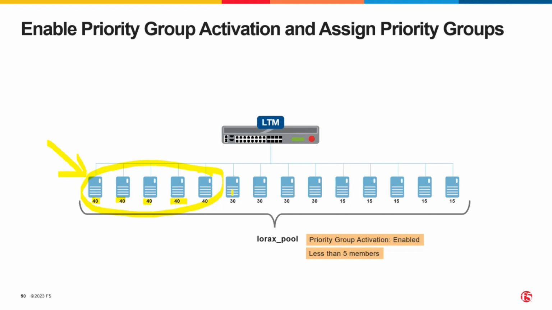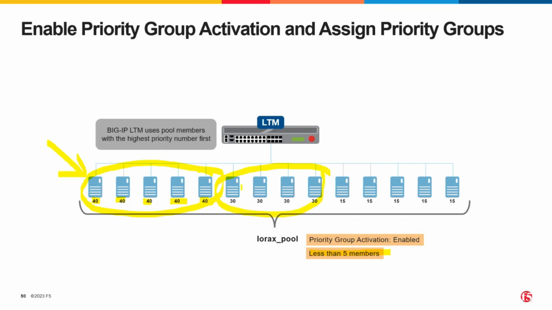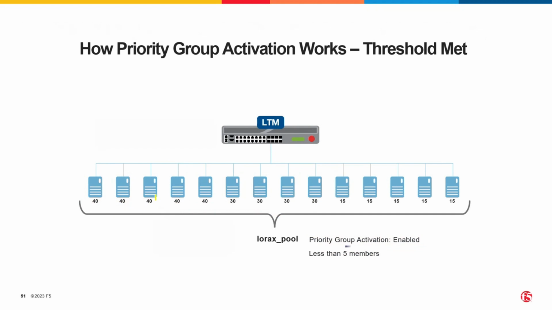By default, we are sending the traffic only to this group of backend servers, unless the number of available servers in this group is lower than 5 active members. If they are all active and we disable one of them, or they become unavailable because of health checks, we start to send the traffic to the other group.